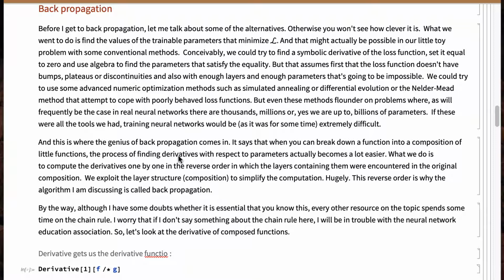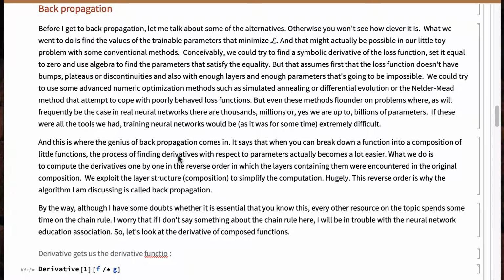The idea of backpropagation is that when you can break down a function into a composition of little functions, then the process of finding derivatives with respect to parameters actually becomes a lot easier. And by a lot, I mean a lot. What you do is you compute the derivatives one by one in the reverse order in which the layers containing them were encountered in the original composition.